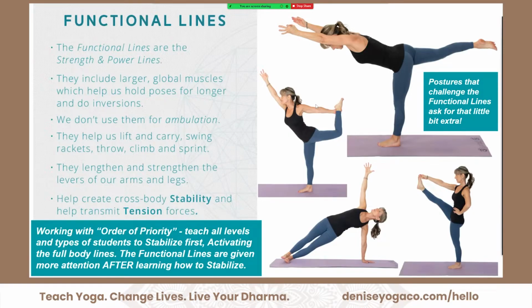So in these particular fascial lines, the muscles within that line are larger, what we call global muscles. They are a different kind of muscle. I'll go into that in some detail, so I'll just say that much for now.